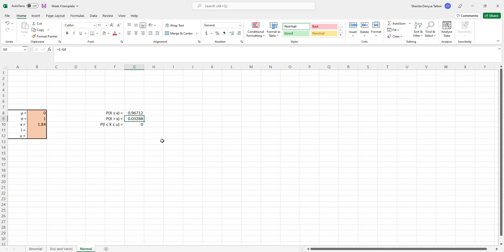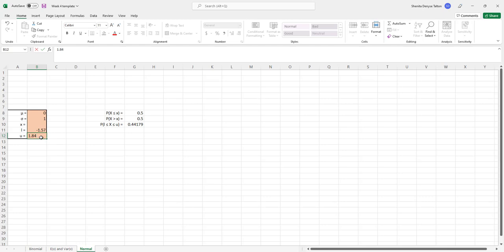And then the last one was between two values. So in this case, we're going to use our lower and the upper. It says L and U. So the lower was negative 1.57 and the upper is 1.84.